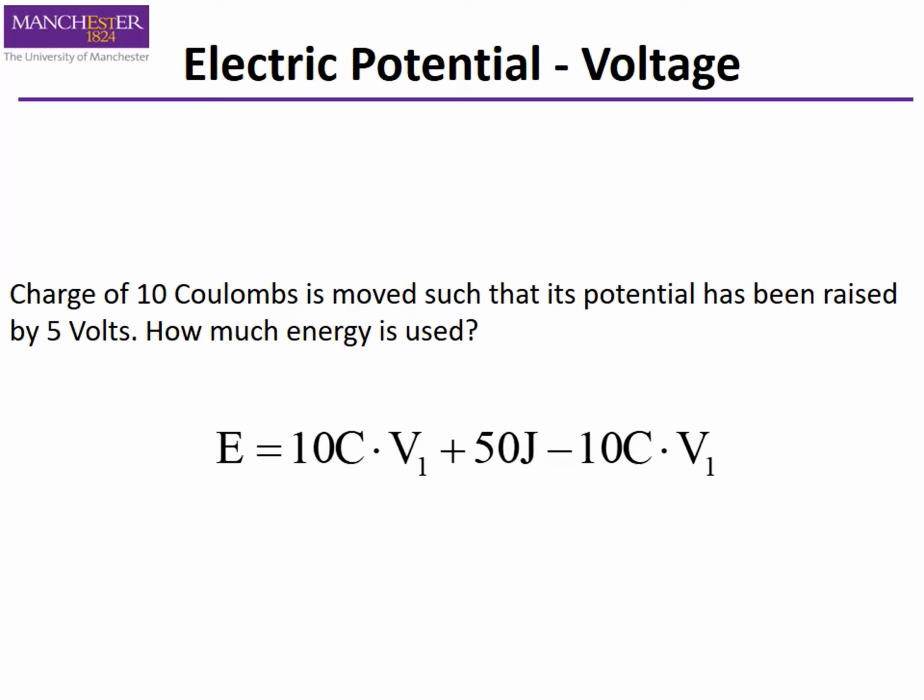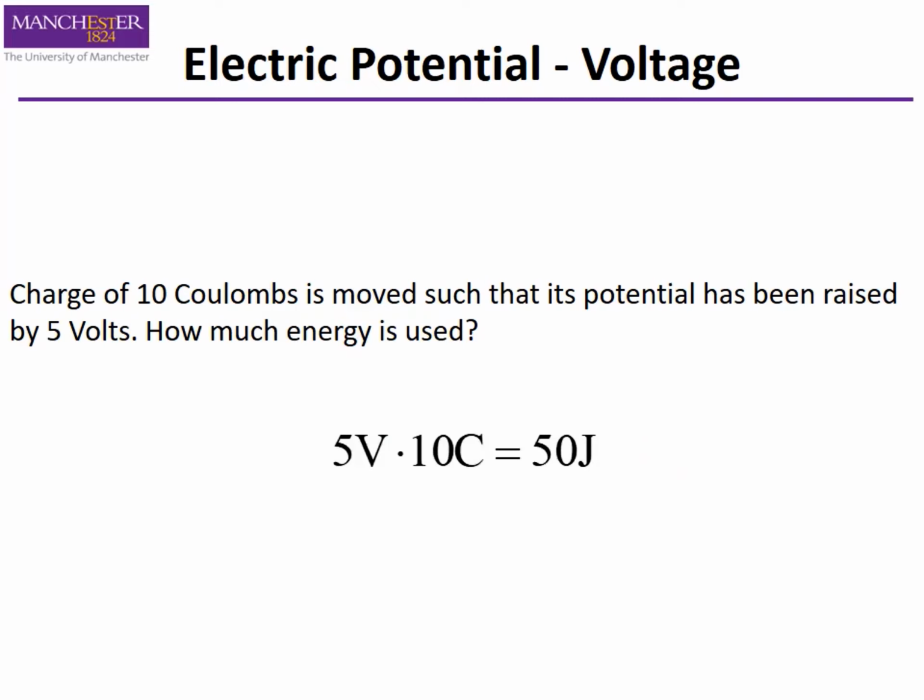And so the answer is 50 joules. So in this particular example, because the charge is constant and doesn't change with respect to voltage, we could have calculated energy simply by multiplying charge with the voltage.